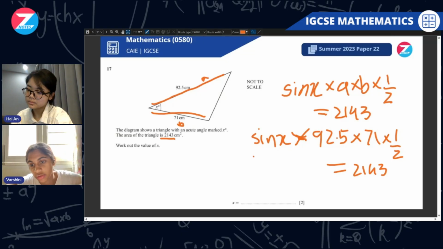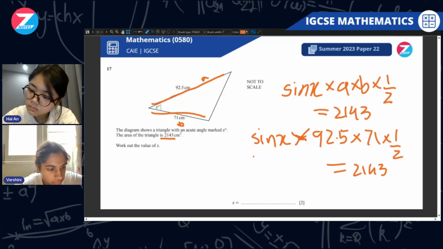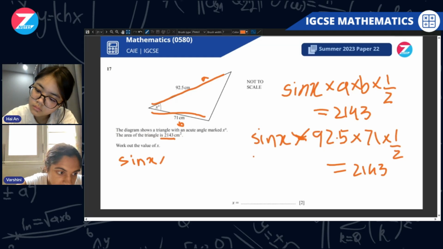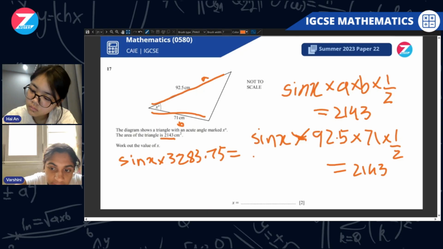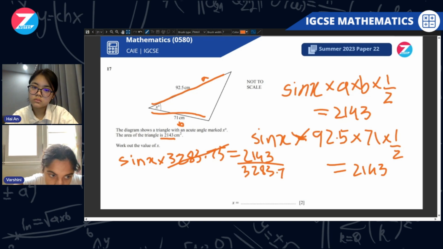First let's do 92.5 into 71 into 1 by 2, or you could say divided by 2, which is going to give us 3283.75. So sine x into 3283.75 equals 2143. Now we want to get sine x on one side of the equation by itself, so we're going to divide both sides by this number, 3283.75. Oh sorry, 0.75. My bad.